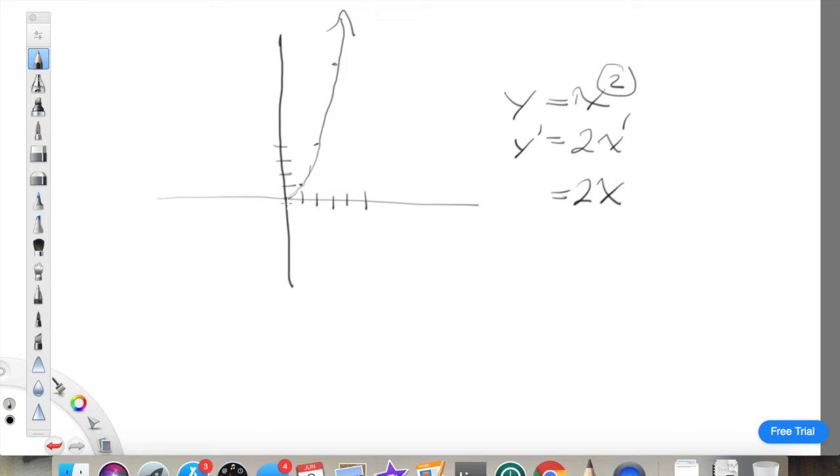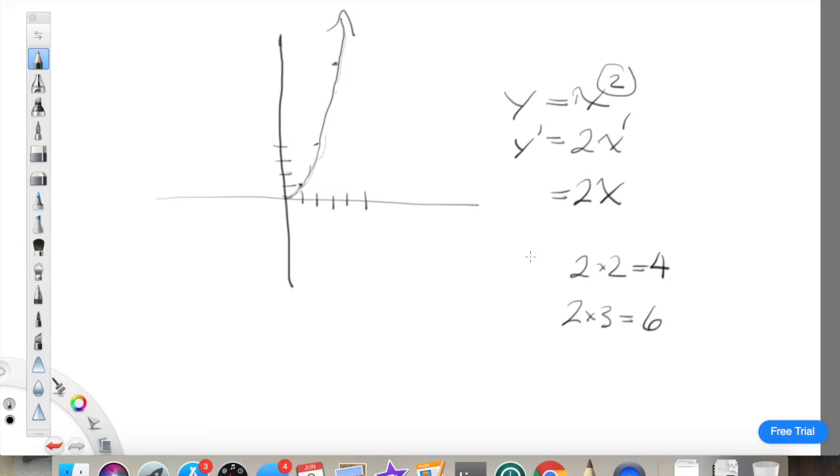What that means is that at the point where x is 2, the slope is going to be 2 times 2, 4. And when x is 3, the slope is going to be 6. So that's the basics of derivatives. It's the slope of the line.